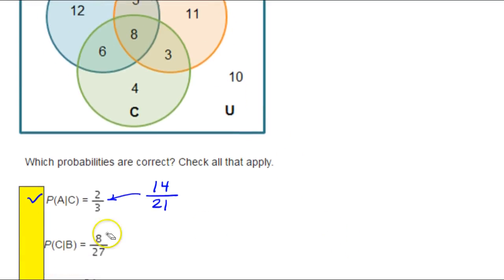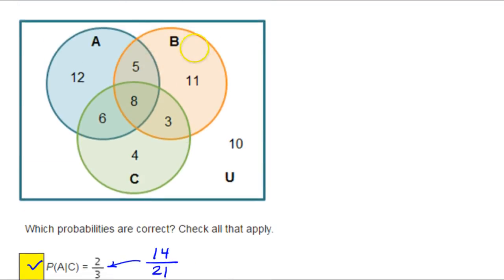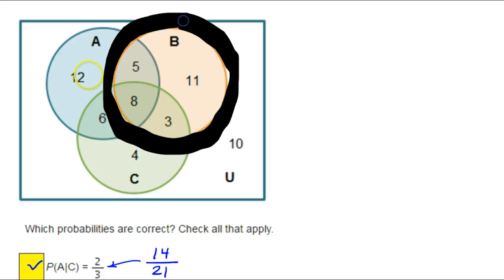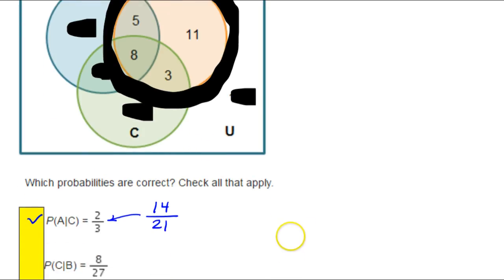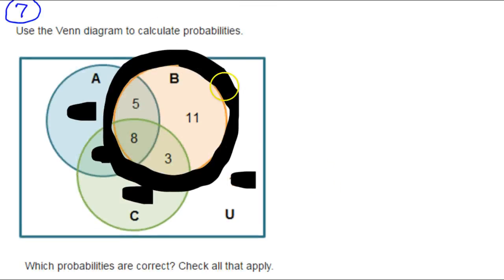Now, next one, probability of C given B. If we are given B, that means that B is the universe. Alright, so you can forget about these numbers out here. B is the universe. Okay, so we're supposed to calculate the probability of C now in this smaller universe.